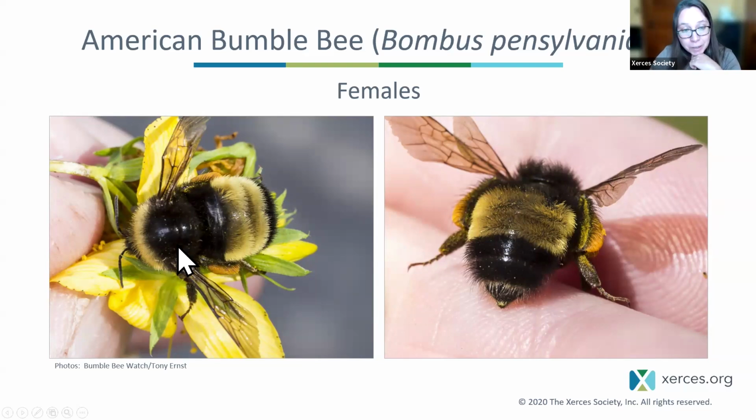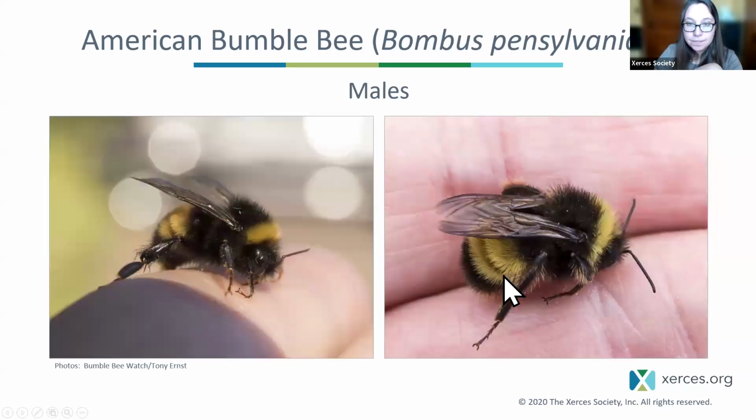And so here you can really see the color patterning of this individual. She has a mostly black thorax with yellow in front of the wings, black on T1, yellow on T2 and T3. And then in this photo, you can see that fringe of lighter hairs there on T5 as well. Looking at a male of this species, once again, very similar color patterning to the females.